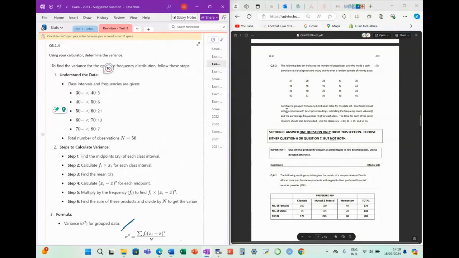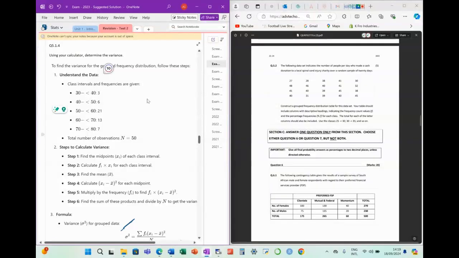They were saying construct a group frequency distribution table for this data set. Your table should include columns with descriptive headings indicating the frequency count values and the percentage frequency for each class. The total for each of the latter columns should be indicated. Use 25 to 30, 30 to 35, and so on. So they're actually helping you to establish the intervals of each class, right?